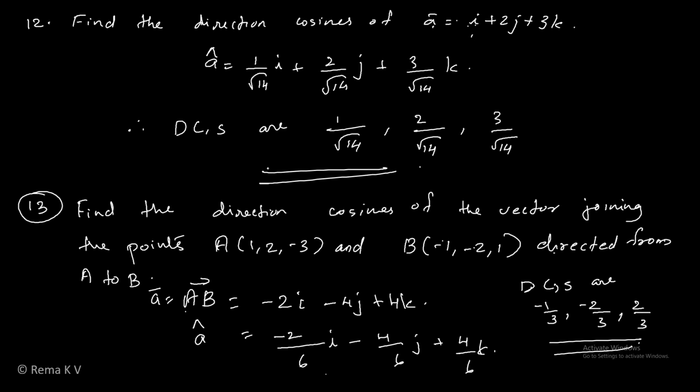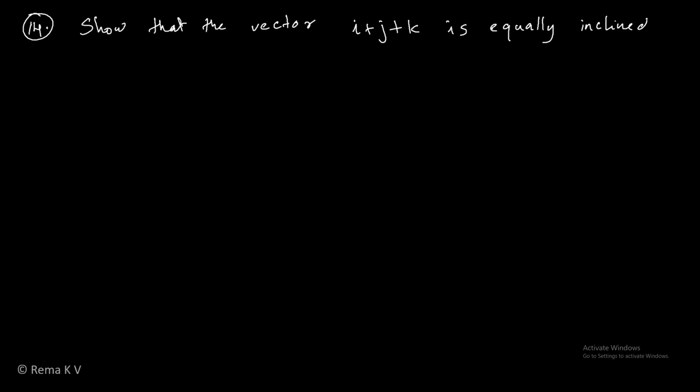One more question. Show that the vector i plus j plus k is equally inclined to the axes OX, OY and OZ.